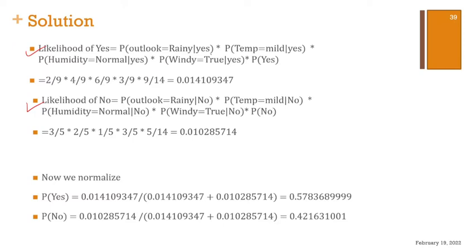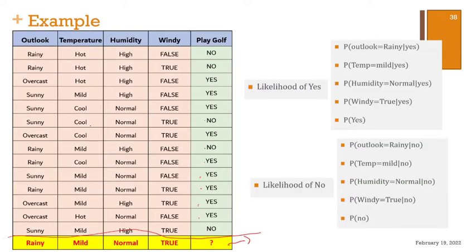I mentioned that we only consider those values that are given to us. The outlook given to us is rainy, so we ignore the other values, overcast and sunny, for outlook. For temperature also, we only consider mild. For humidity, we only consider normal.